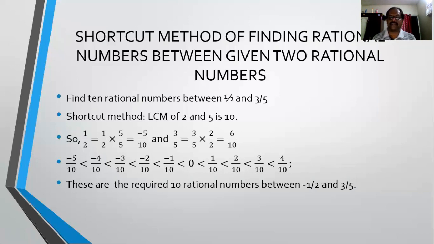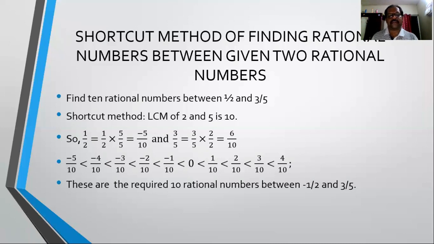So for minus 1 by 2, to convert the denominator 2 to 10, we need to multiply and divide by 5, so that we have it as minus 5 by 10.